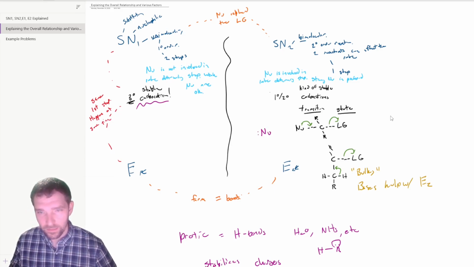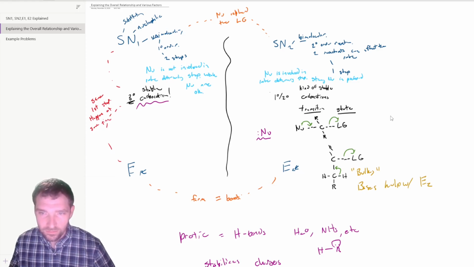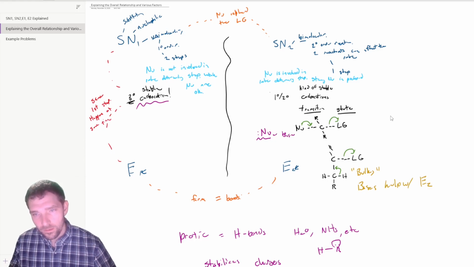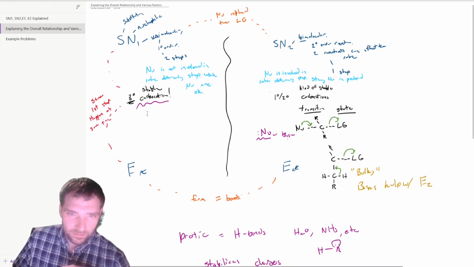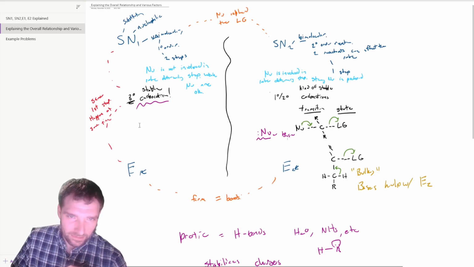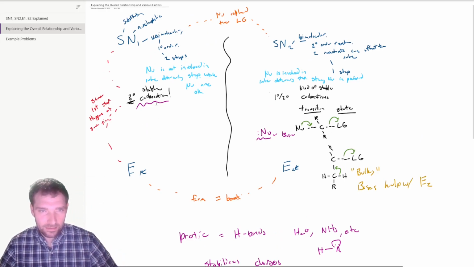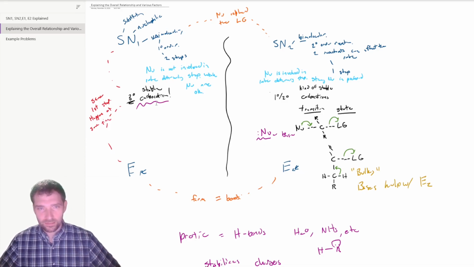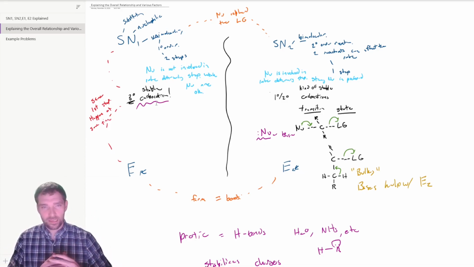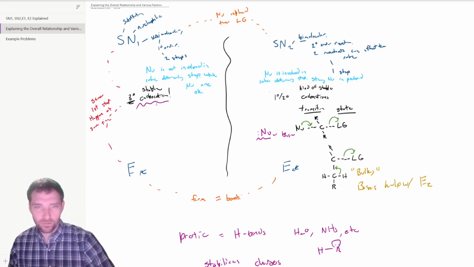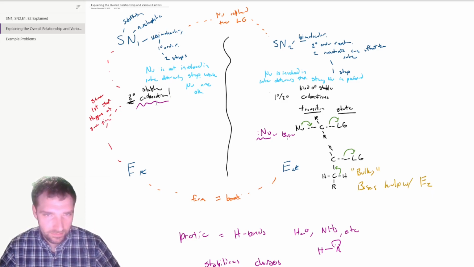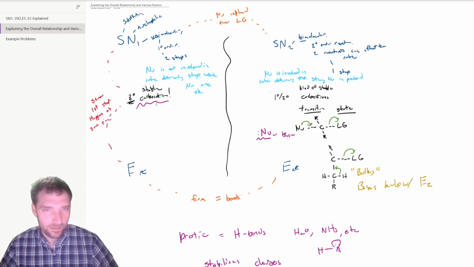So it could be stabilizing the nucleophile, so that could slow down an SN2 or an E2 reaction. And then if we're talking about protic, that ends up favoring the SN1 and E1 because that stabilizes the carbocation, making it a nice thing.